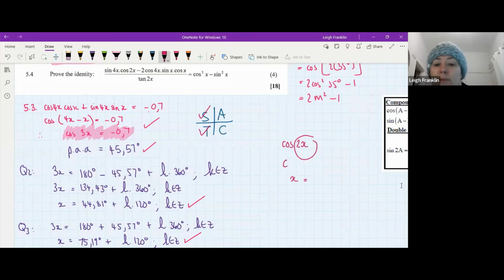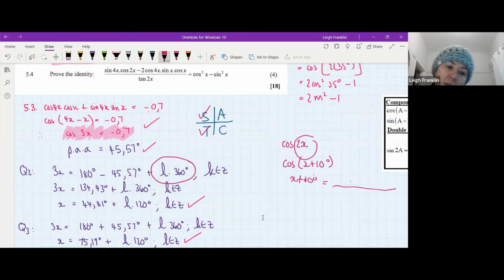Similarly, if you ended up with something like cos x plus 10, so your angle was x plus 10, you would need to remember to take 10 away from the left and from the right hand side as well. But you wouldn't subtract 10 from here because they're not like terms. You would end up subtracting 10 from the 180 or whichever quadrant you're in.